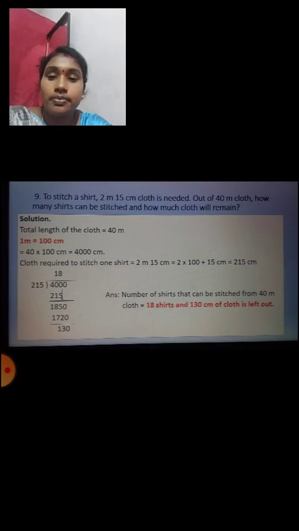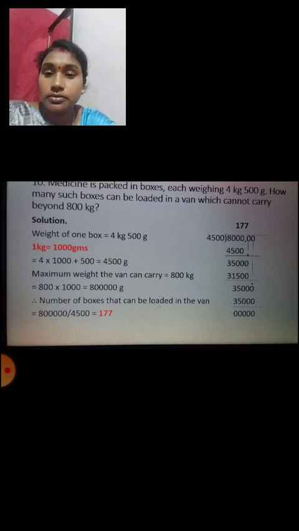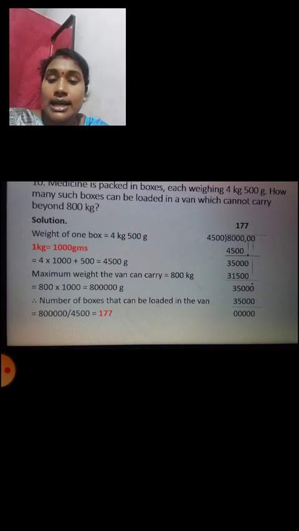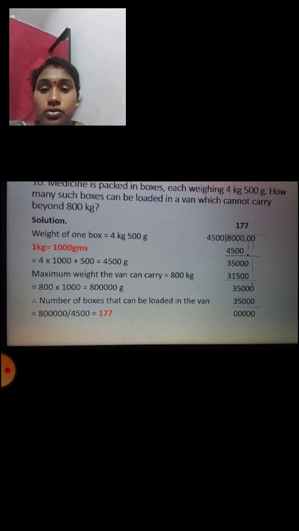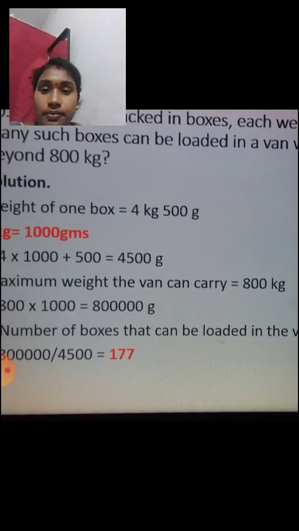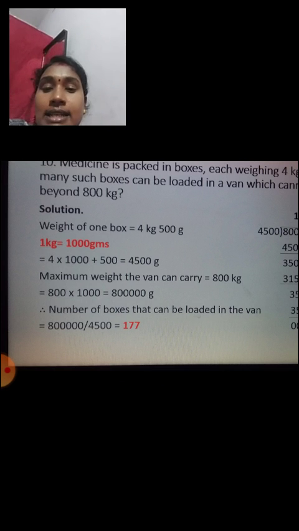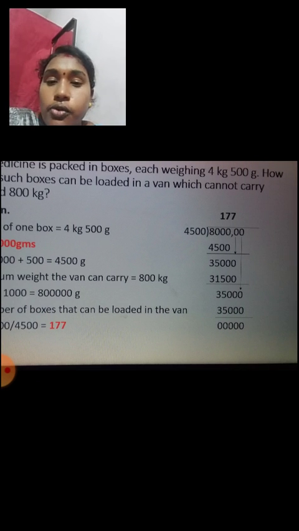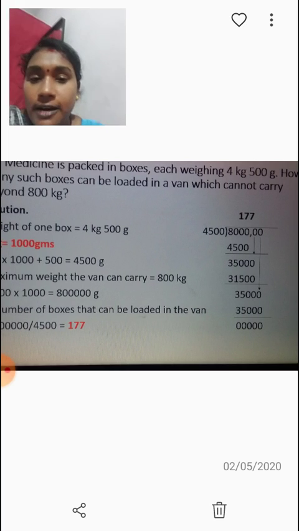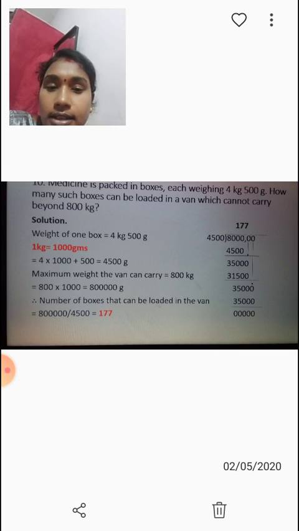Okay children, did you understand? So now we are going to the 10th sum. Let me read out the 10th sum. Medicine is packed in boxes, each weighing 4 kg and 500 grams.